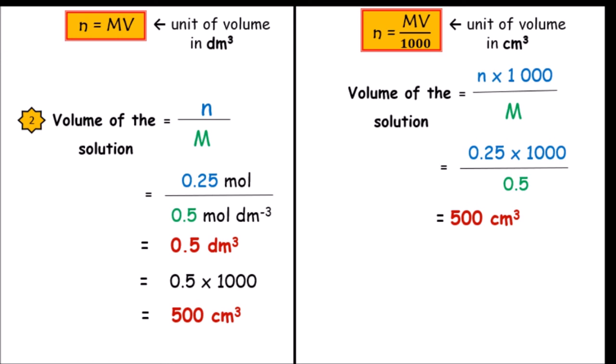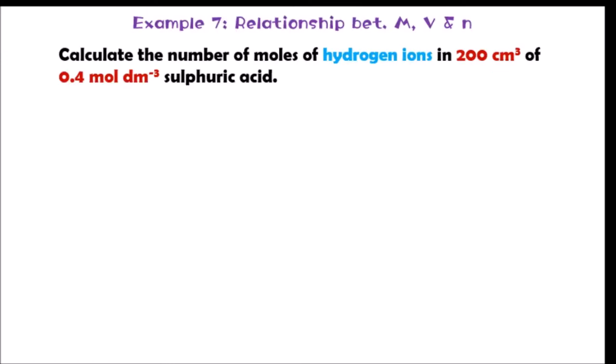Okay, so next. Example 7. Relationship between molarity, volume, and number of moles.